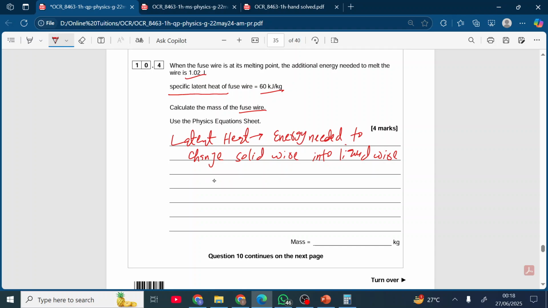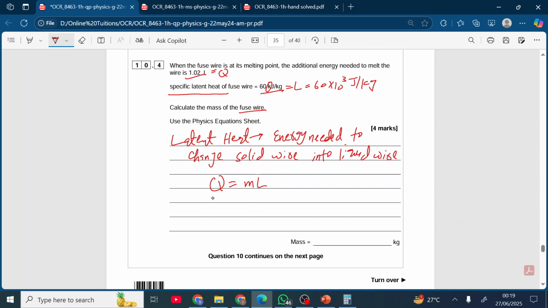For that the formula in the physics equation sheet is Q equals m L. So that is your L, which is latent heat, and that is Q, which is energy. Now this is in kilojoules, so again you have to write that as 60 into 10 raised to the power 3 joules per kg. You need to find out the mass.